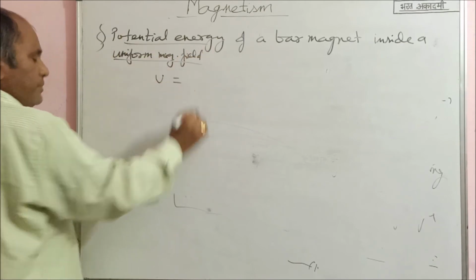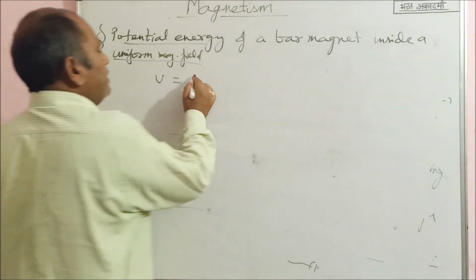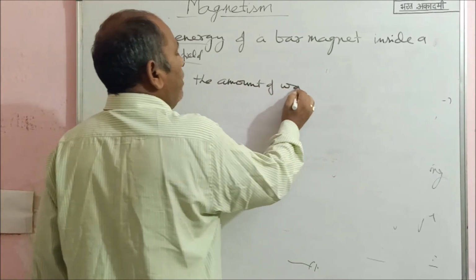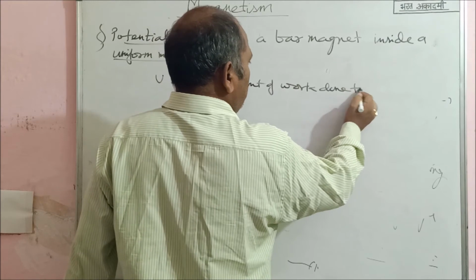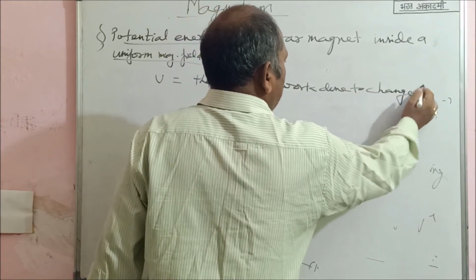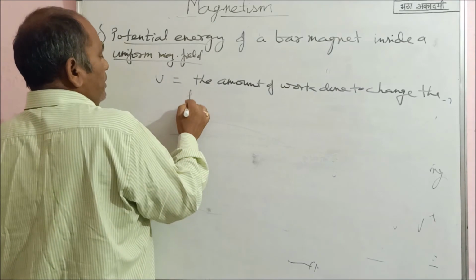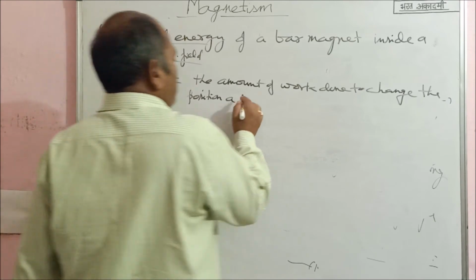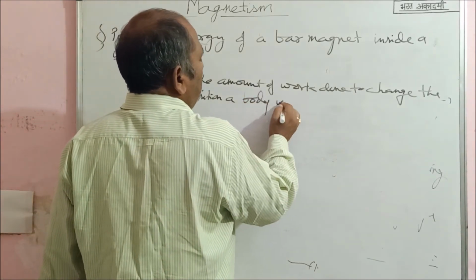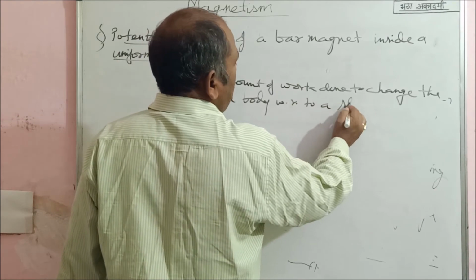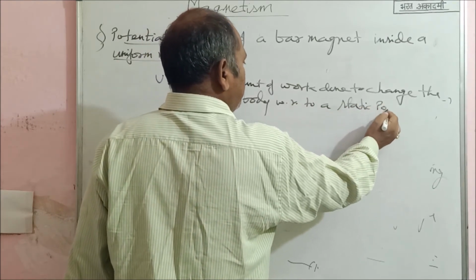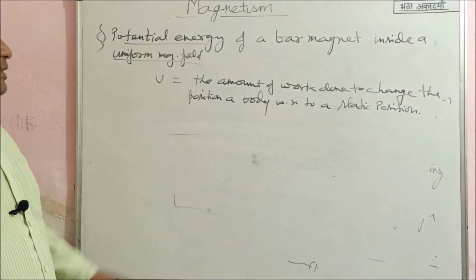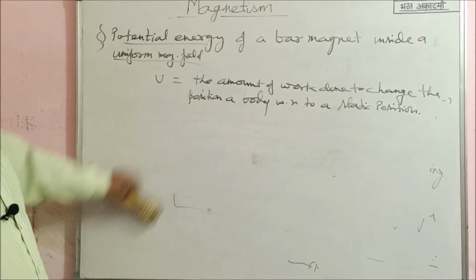So what is U? It is simply the amount of work done to change the position of a body with respect to a static position, right? With respect to static position, whatever work we have to do, that will be the potential energy, right?